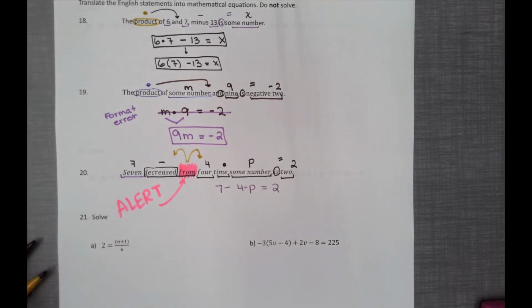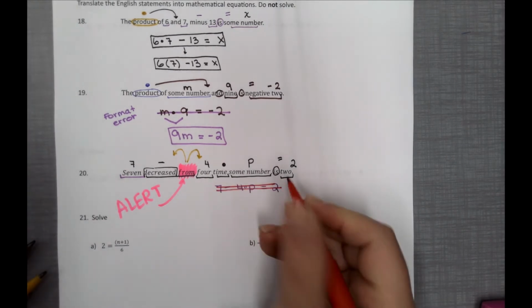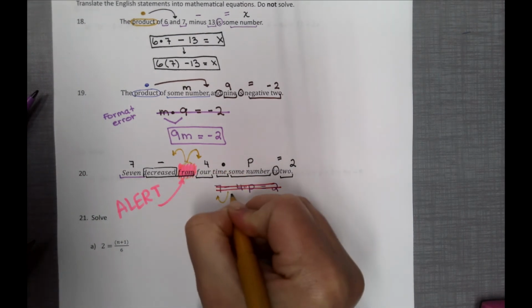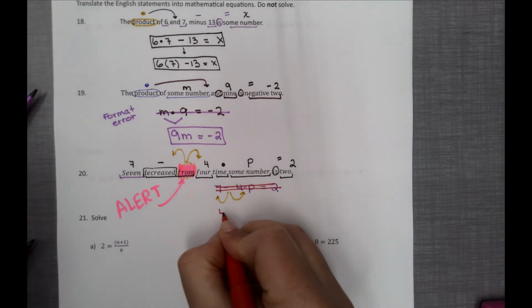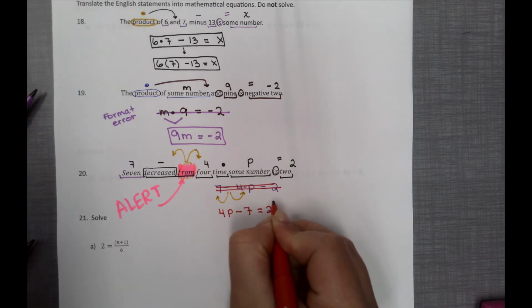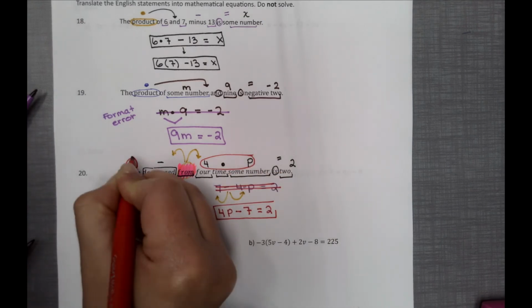This is wrong. Wrong, wrong, wrong. Incorrect. Cross it out. Because we had from, this from means that I have to switch the order. And switching the order gives 4p minus 7 equals 2. Be careful. We're switching the 4p. We're switching the 7.